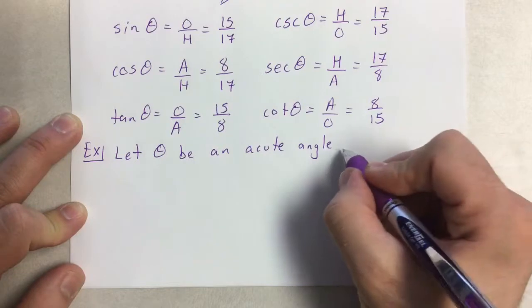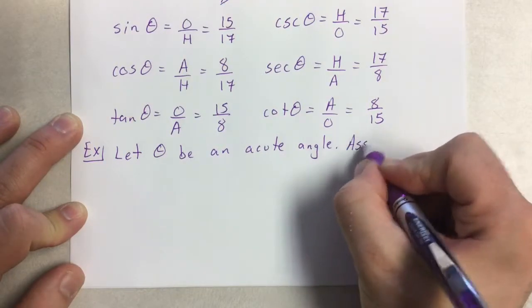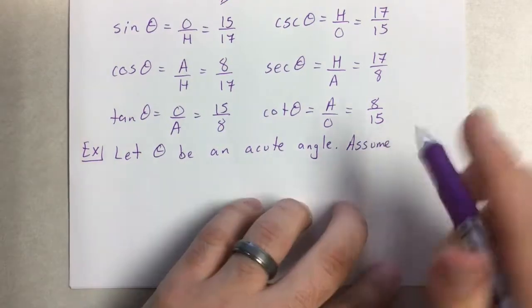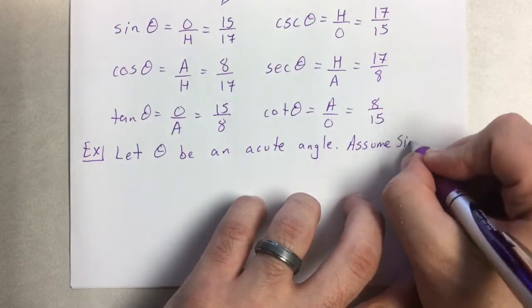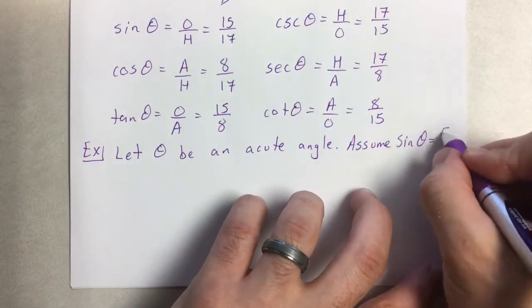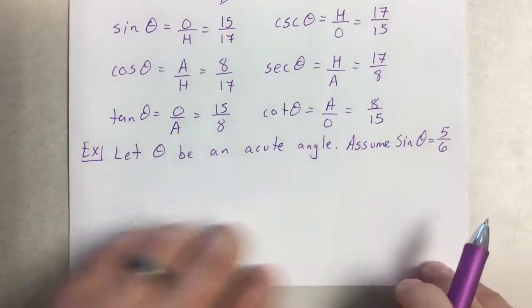And so let's assume that sine of our reference angle is 5 over 6.